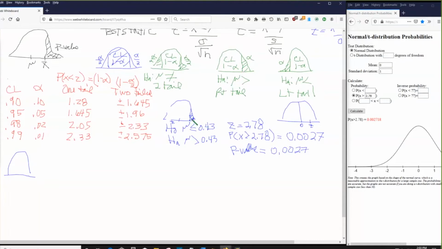If it's going to be on the right, then I'm looking for something bigger. If I'm going to have it on the left, I'm looking for something smaller. And I apologize, I just had my notes. This is the right.